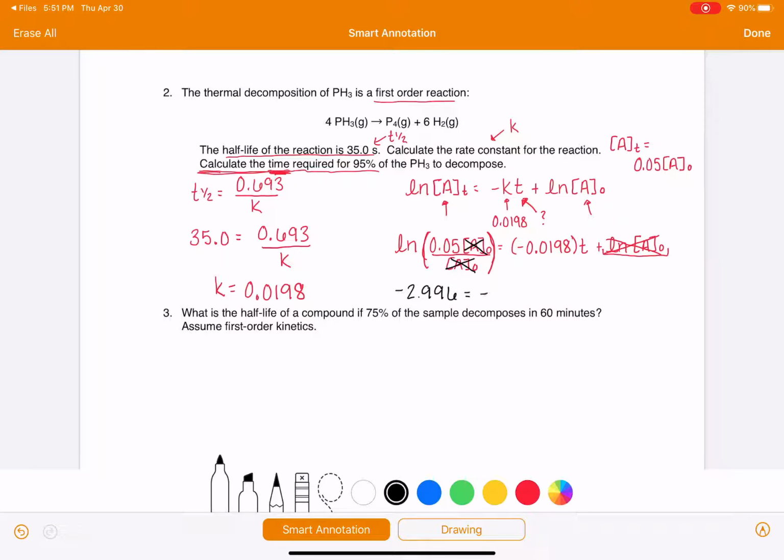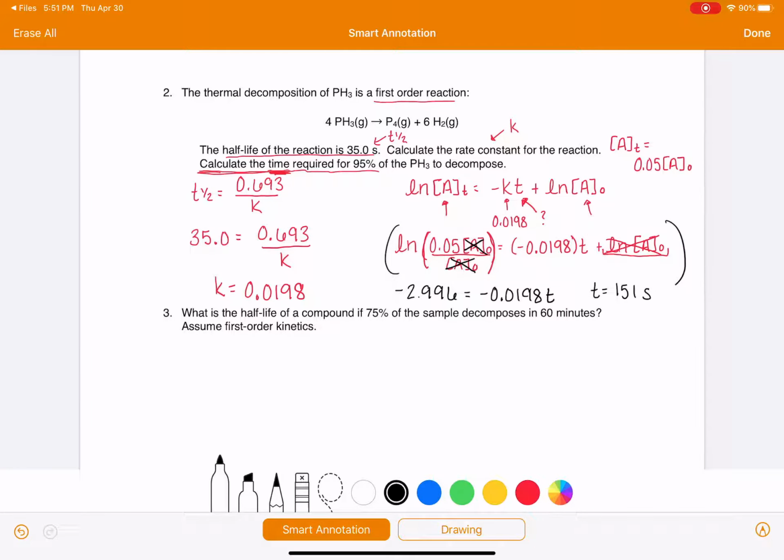That's equal to negative 0.0198 t. So the time is 151 seconds.